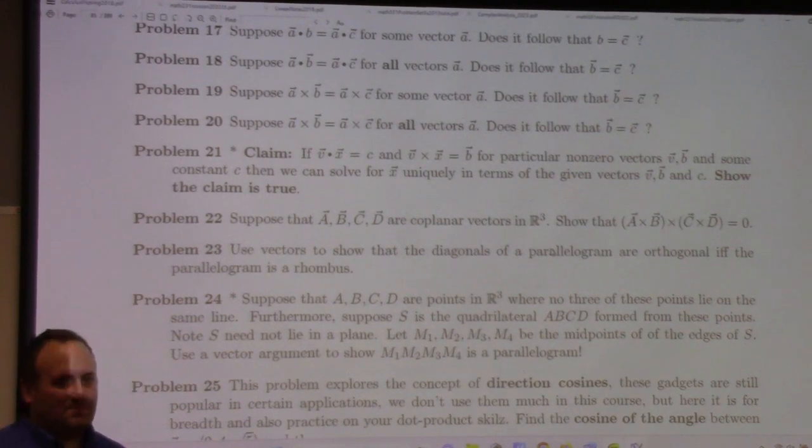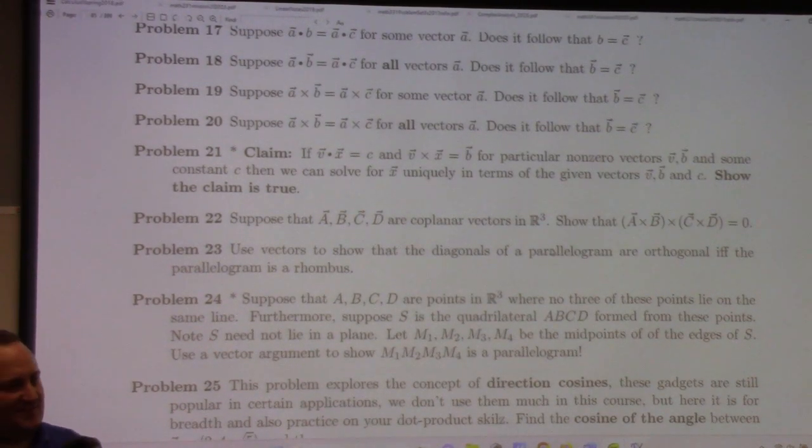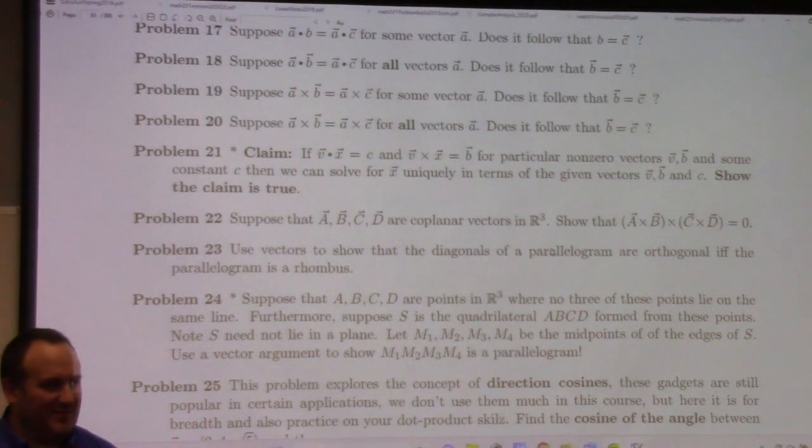I gave this problem in the homework maybe the second year I taught Calc 3, and I thought no one's asked me about this problem, so they're all going to be wrong. And then everybody had the right answer, and it was the same right answer, and I thought, huh, this must be on the internet.